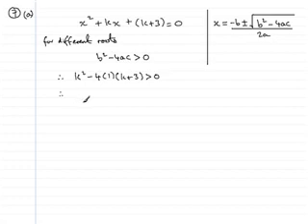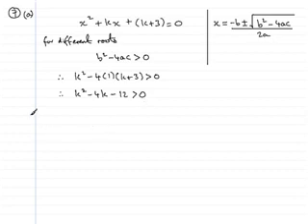If we tidy this up by expanding it out, we would get k squared, negative 4k, and then negative 4 times plus 3 is negative 12, and that would be greater than 0. So we've been able to show that quadratic inequality.